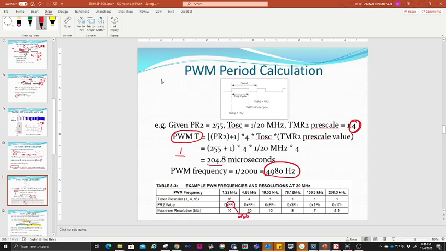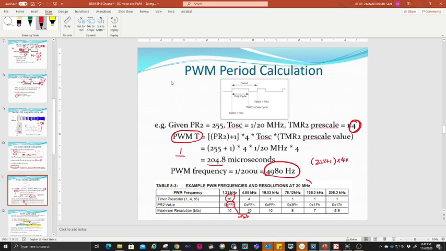And the Timer 2 prescale value is 16. So you can just go for the formula here. PR2 plus 1 is 255 plus 1, times 4, times the oscillation of the clock.